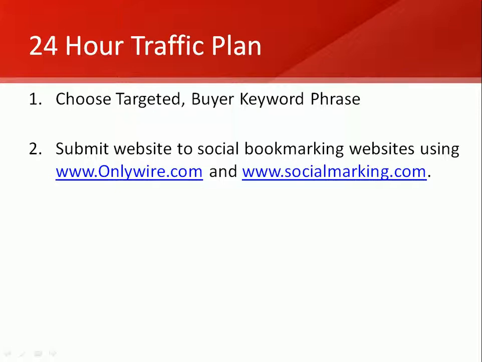A social bookmarking site, if you're not aware, is a site set up with the sole purpose of allowing people to share links with each other. People go to social bookmarking sites and share stories and say, I like this story, so I'm going to submit it to this site and see if other people like it.